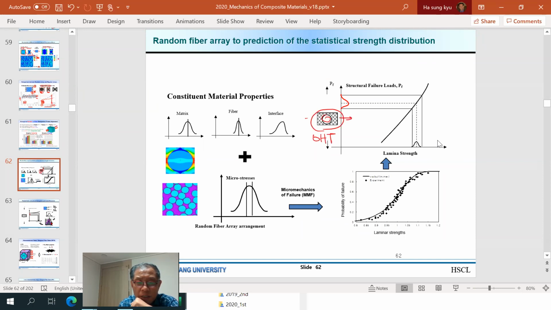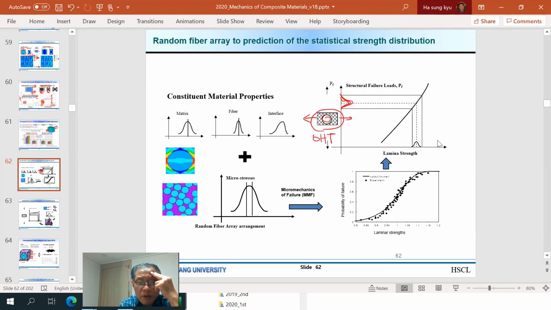This is under tension, and the strength could have some sensitivity to certain distributions like that, and this model can explain why we can have some distributed values. There are many reasons for that, but at least the fiber arrangement, microscopically, is not exactly the same.